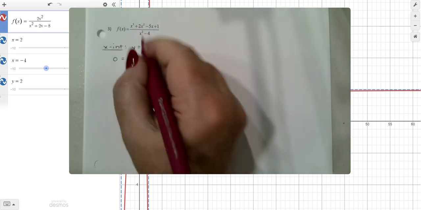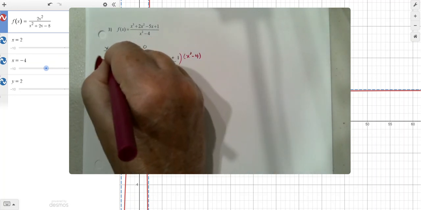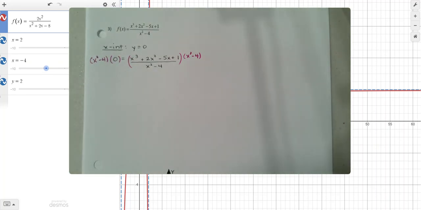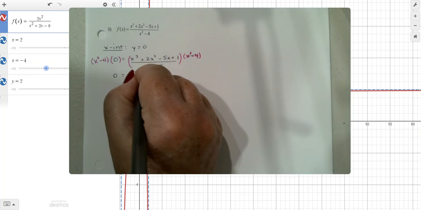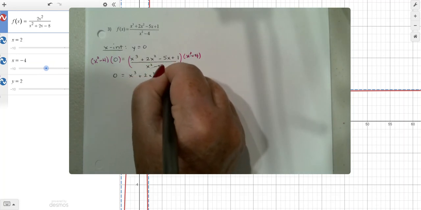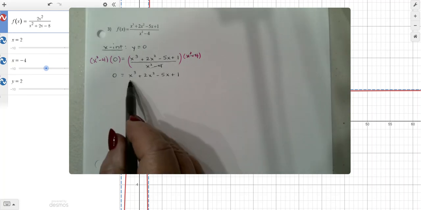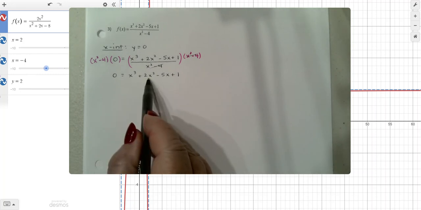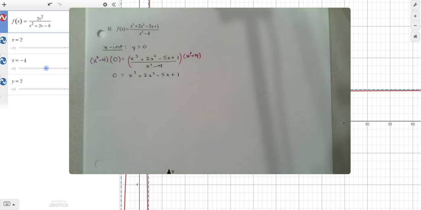And when I multiply both sides by the denominator to clear fractions, I get 0 equals just that cubic polynomial. Well, looking at that, I don't think it's 4 terms, but I don't think grouping is going to work. If I factored out x squared here, I'd get x plus 2, and that's certainly not going to turn into an x plus 2 over there. So I can't factor this.